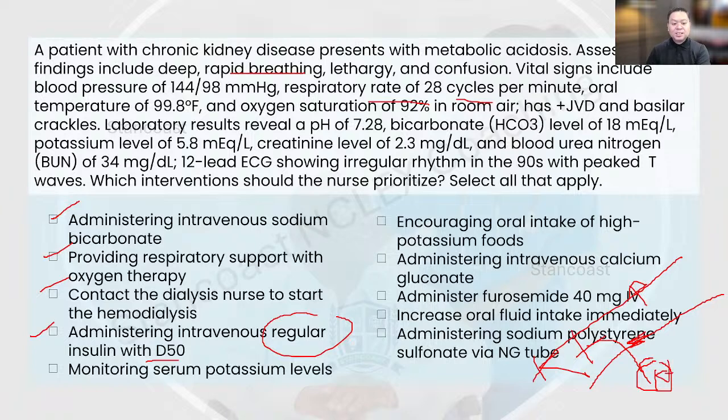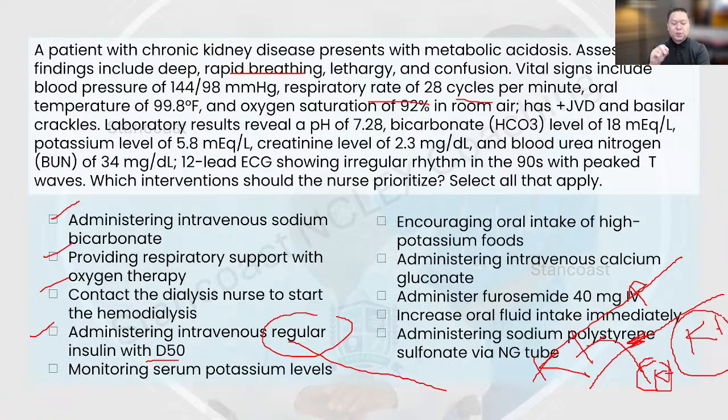So those excess potassium from the bloodstream will go inside the cells for a good 6 hours. Why did I say 6 hours? Well, because we are giving regular insulin. Please take note, guys, that the regular insulin will have a duration of about 6 to 7 hours or even 8 hours.